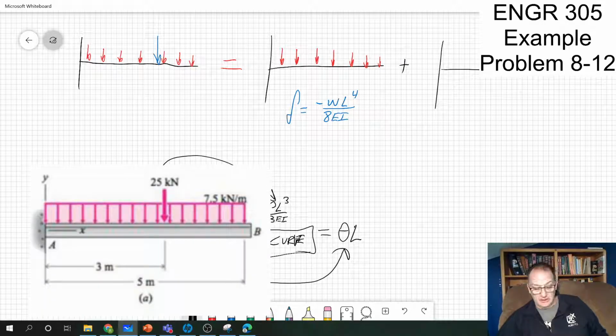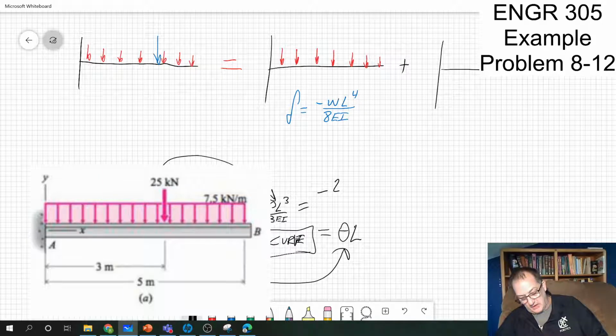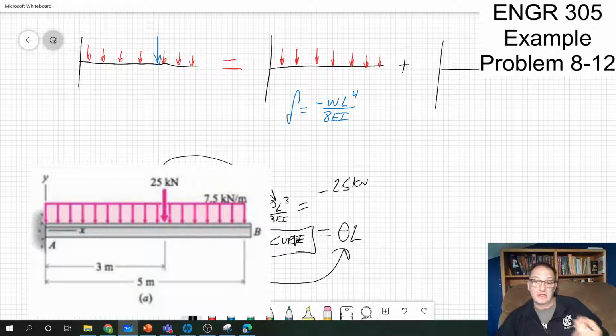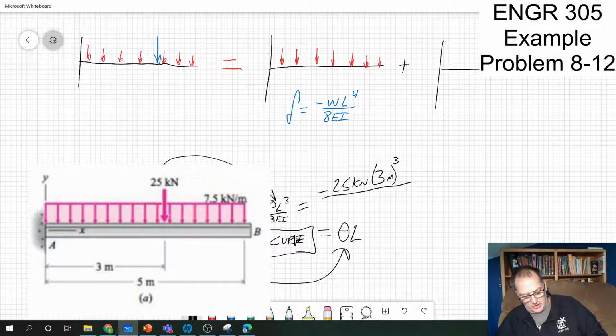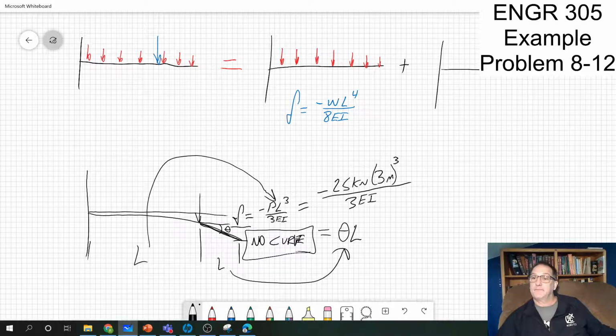It's 3 meters to the distributed load, so this is equal to minus P, which is 25 kilonewtons, times the length that's out there, 3 meters, cubed over 3EI. All right. That comes from the PL cubed over 3EI.